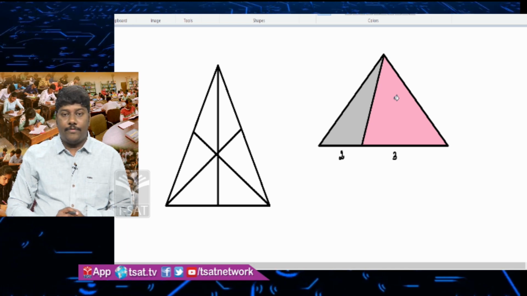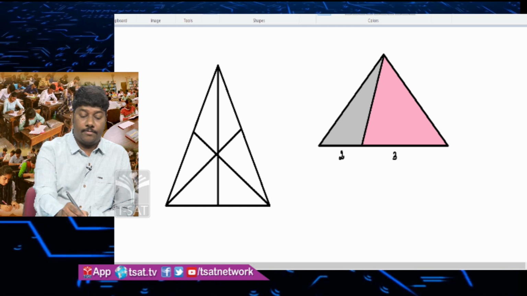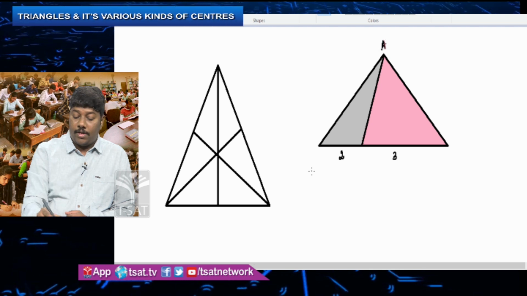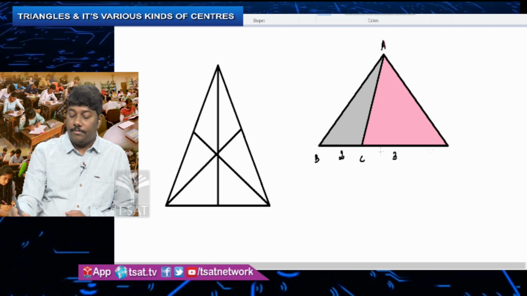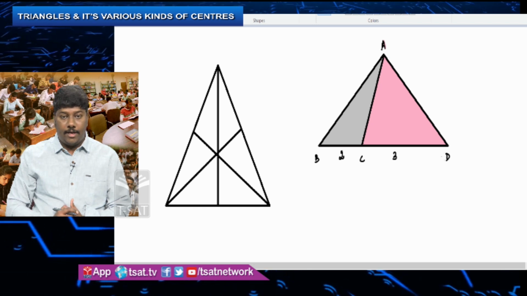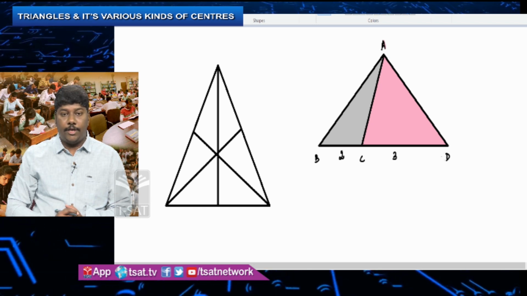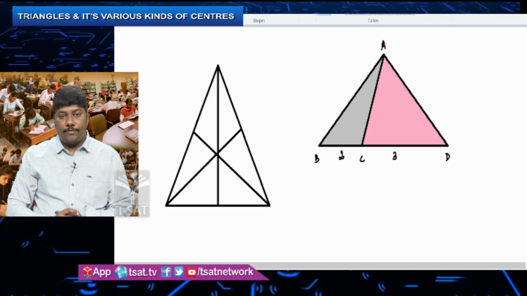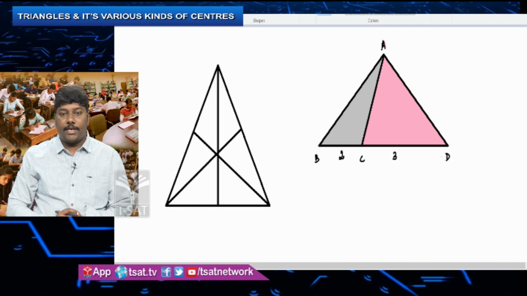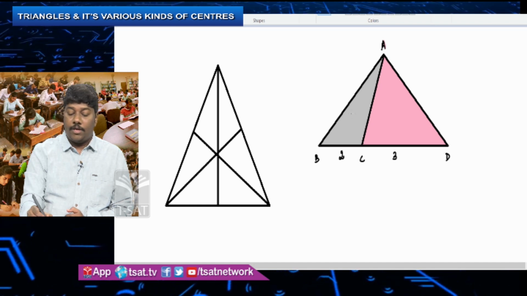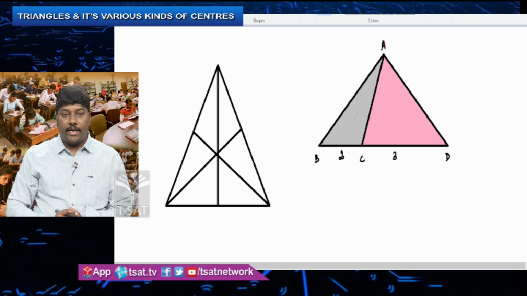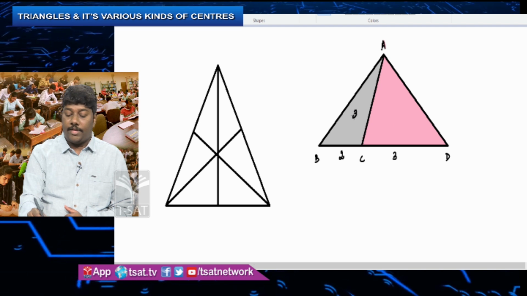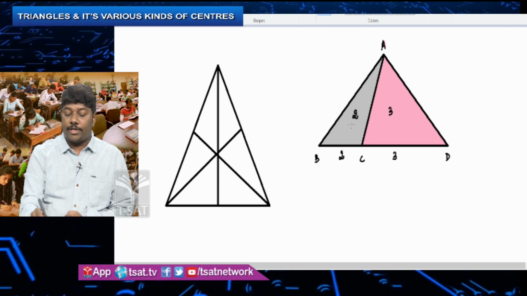If I ask you the ratio of their areas for both the triangles, let me name it ABCD. Here I am dividing the triangle by using AC into two triangles, the first one is ABC and the second one is ACD. The ratio of ABC and ACD is 2 is to 3. Their areas are also in the ratio 2 is to 3.